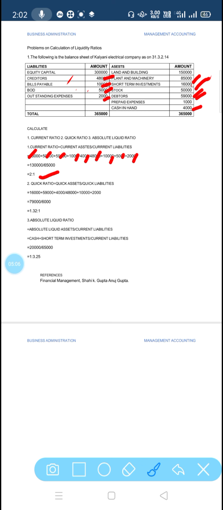Similarly, the formula to calculate the quick ratio is quick assets divided by quick liabilities. What are all the quick assets? The quick assets are all those current assets except prepaid expenses and stock. So let's see what are all the quick assets.